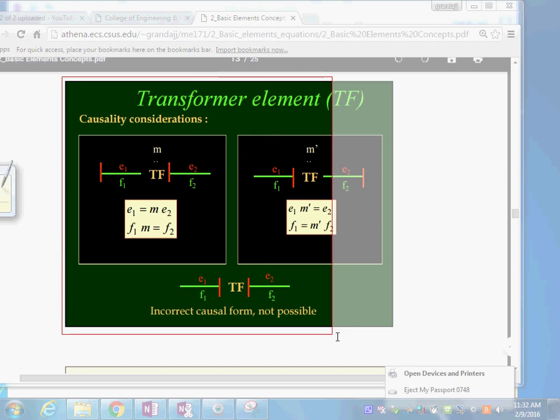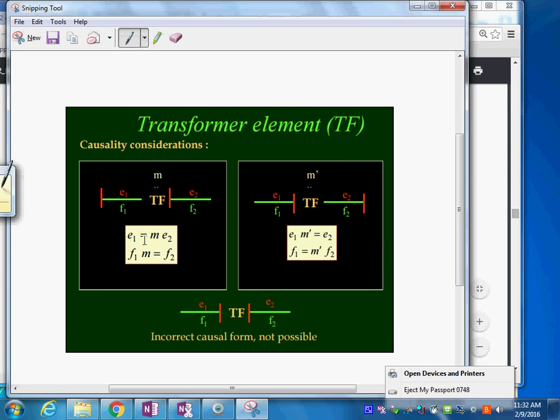Okay, so that's the transformer constitutive relationship.